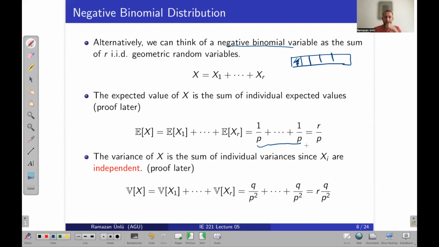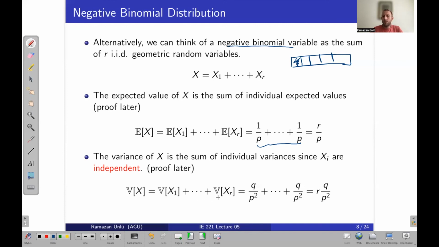The last thing: because the Xi are independent, that means one will not be affected by the previous one, and that one will not affect the future one. Each of them is just an independent trial, and because independence exists, we can just sum the variances of those individual random variables, individual trials, to calculate the variance of the negative binomial distribution.